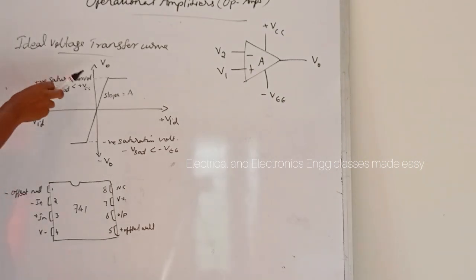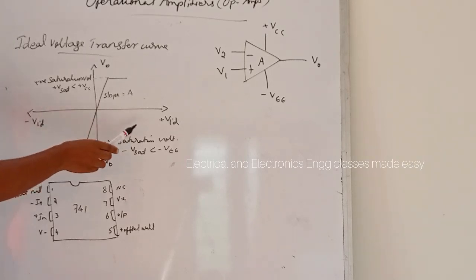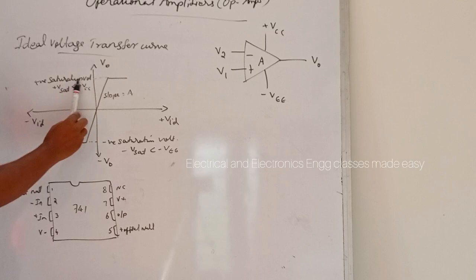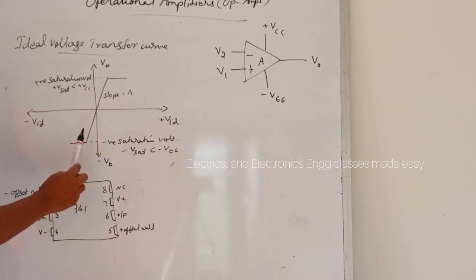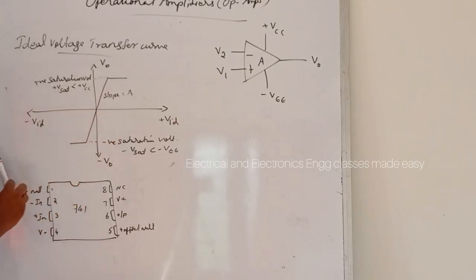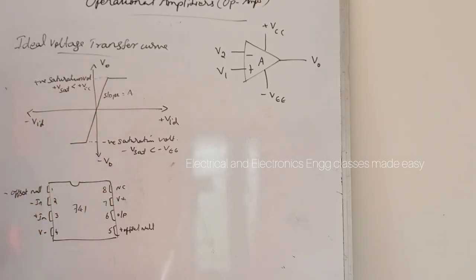Next is ideal voltage transfer curve. Here the output voltage is directly proportional to the input difference voltage only until it reaches the saturation voltages, and thereafter the output voltage remains constant. So this is the ideal voltage transfer curve, and this is the pinout of 741 IC.